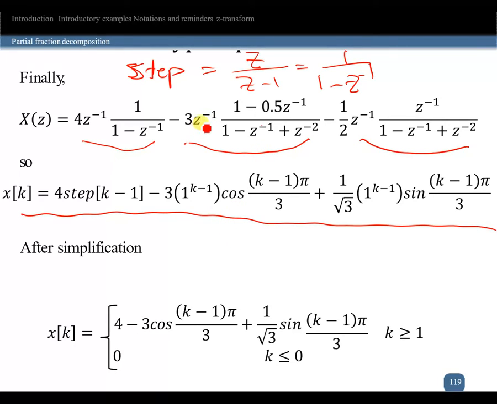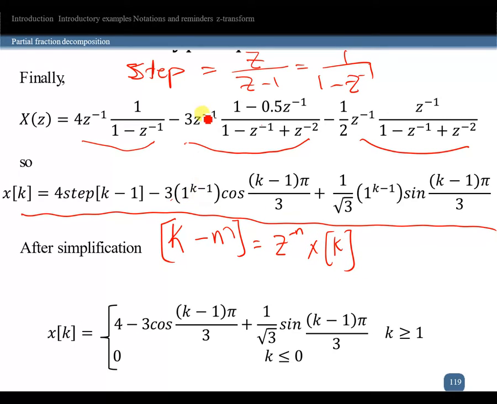If you have a z⁻¹ multiplier of the cosine, this will shift your signal by k − 1. Here I will write x(k − n), which, if you remember, will be z⁻ⁿ X(z).